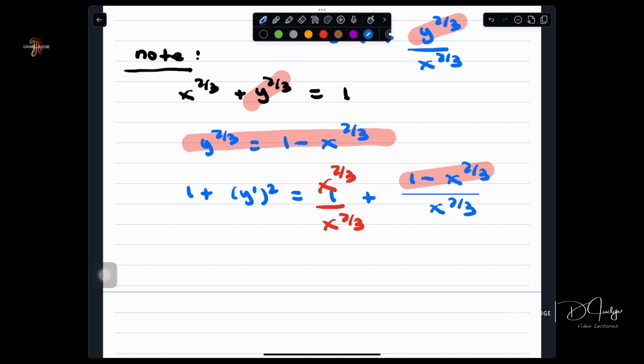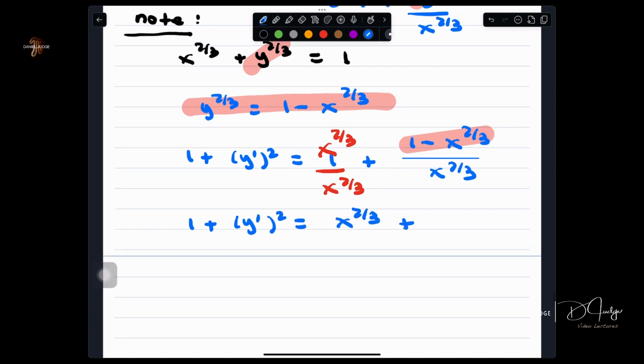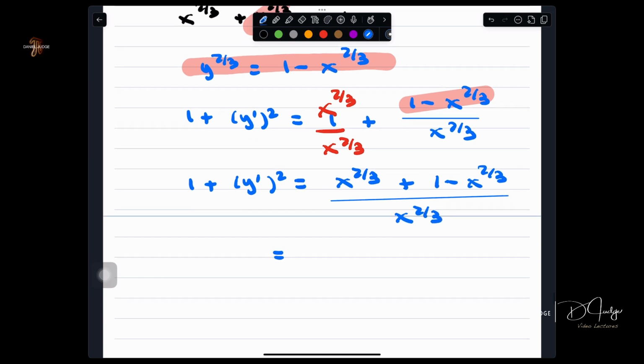And now we end up with 1 plus y prime squared becomes x to the 2/3 plus 1 minus x to the 2/3, everything over a single x to the 2/3. Now, that's pretty nice because we get cancellation here and here. So this is now 1 over x to the 2/3.